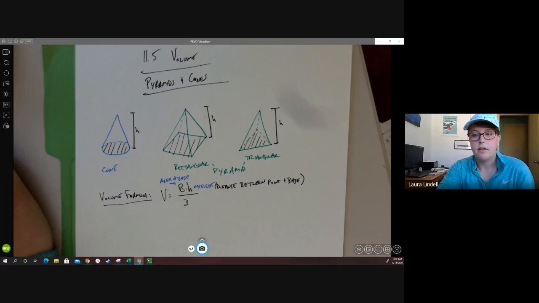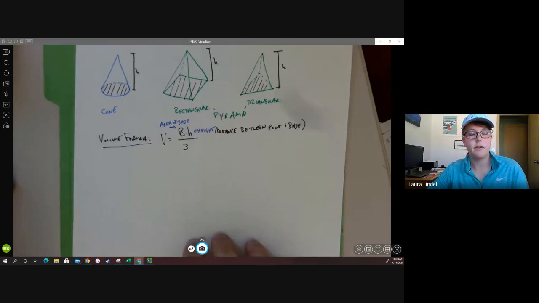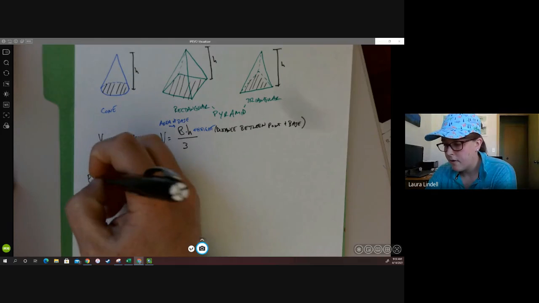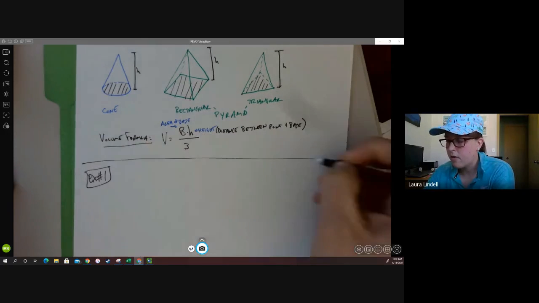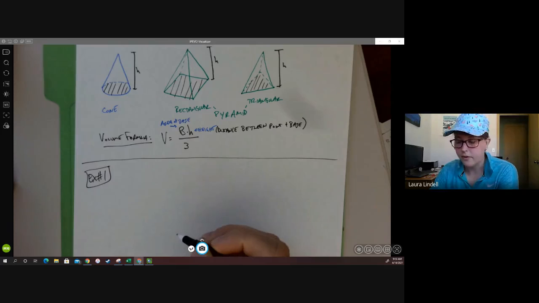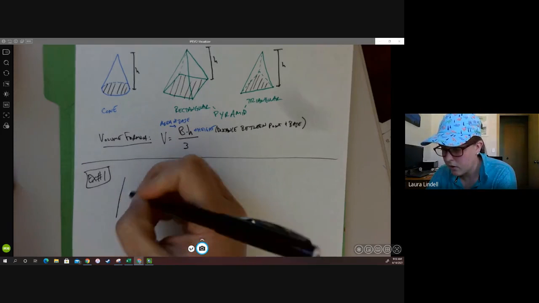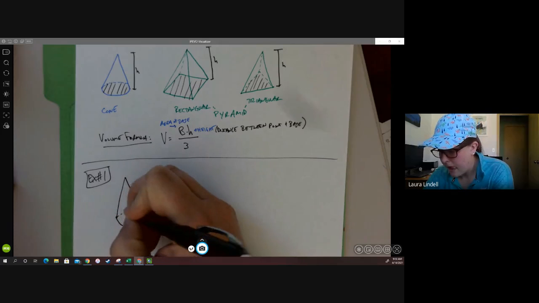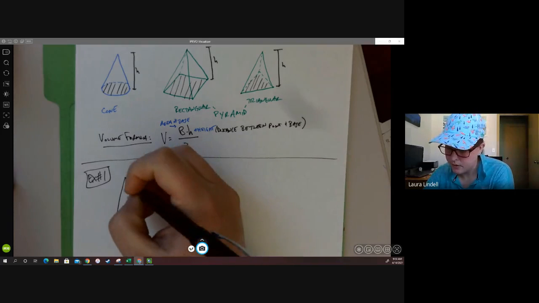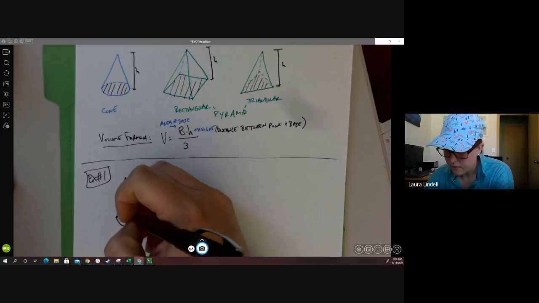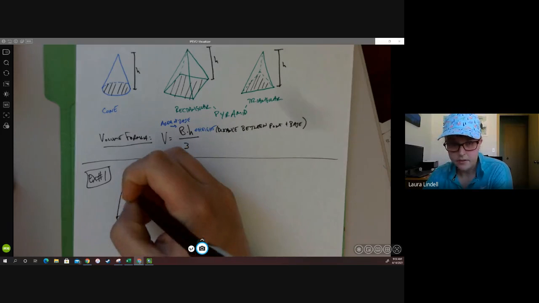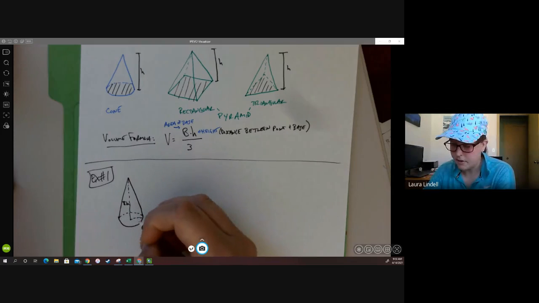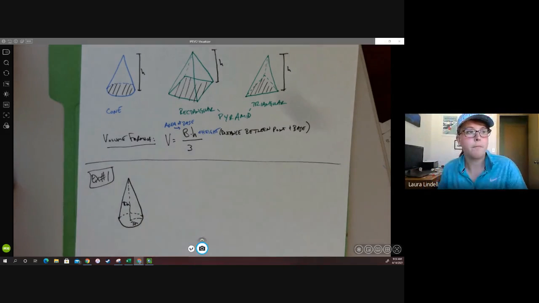We're going to have lots more wonderful drawings of cones and whatnot. First example, let's go with a cone this time. And we are told that this dimension here is 8 inches, and this dimension here is 3 inches.